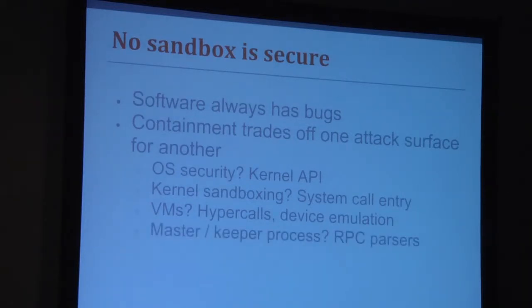If you have the master and slave processes, RPC parsers, so you're making a remote procedure call, it's not like you just make that call, you also have to pass some arguments, and the arguments may be something complicated like a tree or another type of data structure.